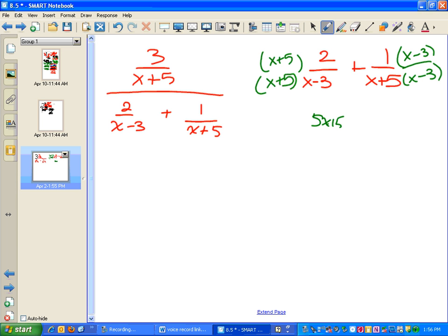Did that give me anything like I was supposed to get? Right. No. What do you want me to multiply here? By 3? Then I get 3x minus 15. Then I'd get 3x plus 15. But I need 5x plus 15.